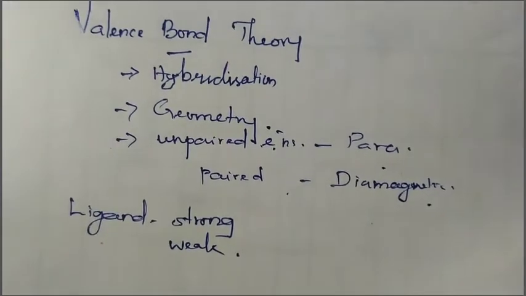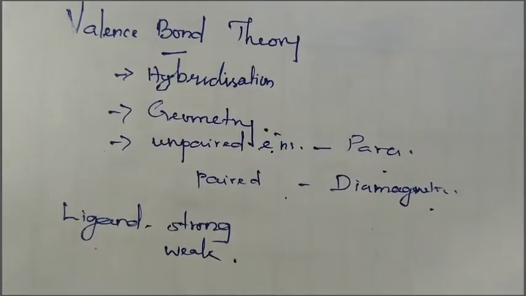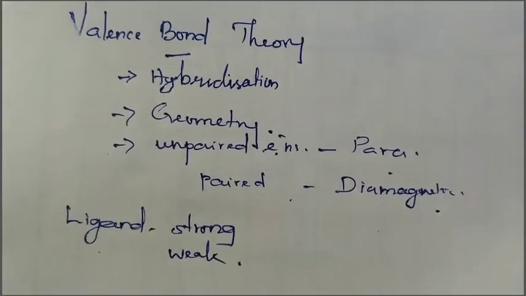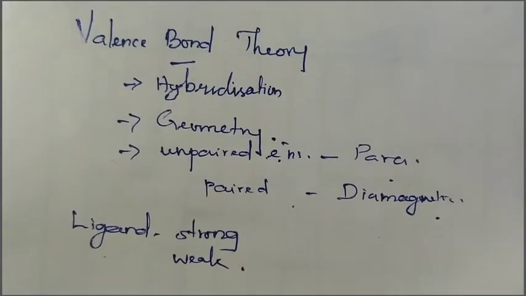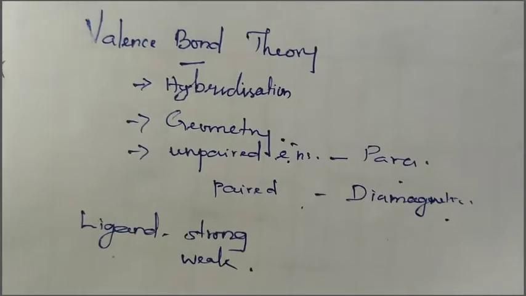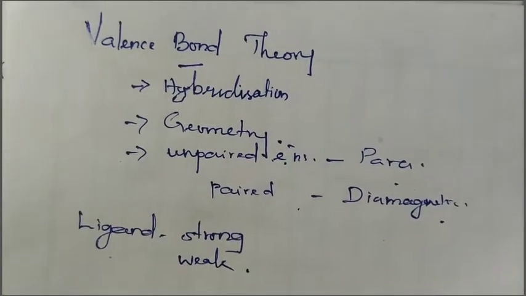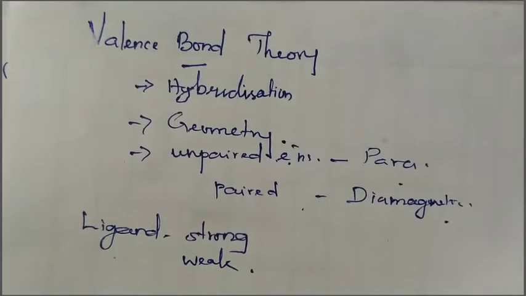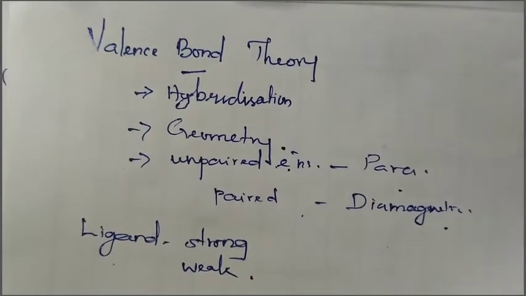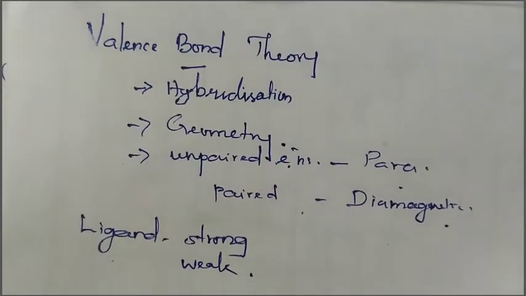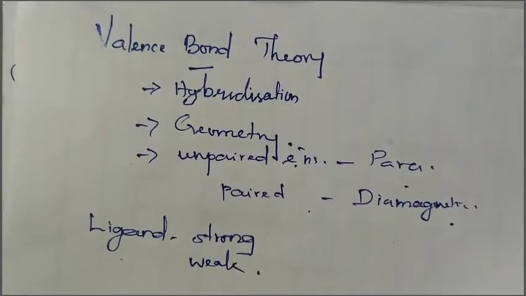We studied that if the ligand is weak, then the metal atom utilizes its available orbitals for hybridization. If the ligand is strong, then the metal atom pairs its electrons and arranges its orbitals for hybridization.